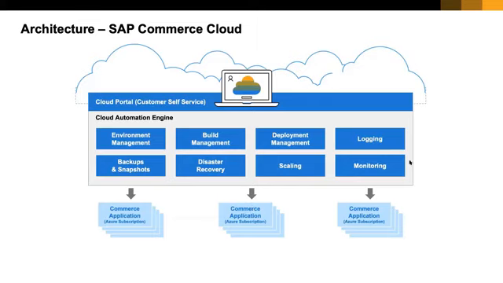The Cloud Automation Engine is a multi-tenant application, but it doesn't contain anything about your customers. It is just a tool where you go through and do some configurations. All the information, your database, your application servers, everything is in your own subscription and isolated. There are a couple of reasons for that. One is obviously security, because you don't want to share anything with other customers.